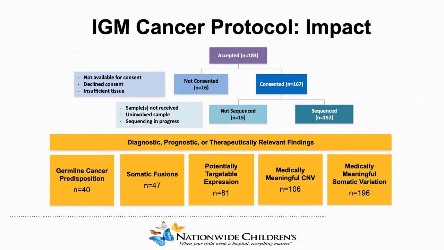This summarizes the impact of that sequencing, where on balance, we can return at least one diagnostic, prognostic, or therapeutically relevant finding for 93% of our patients. Some patients actually achieve more than one, but at a minimum, one relevant finding is coming out of 93% of the patients that we've studied so far. And you can see in the gold boxes along the bottom the different types of findings that we are producing from this combined tumor-normal and RNA-seq based profiling.